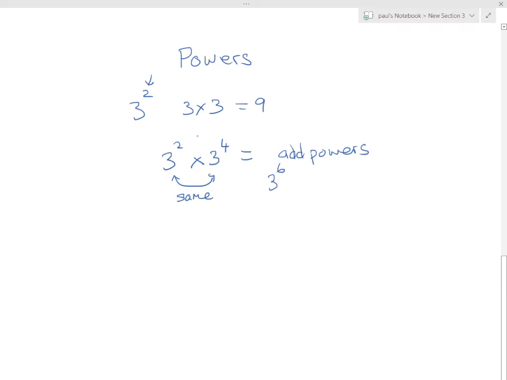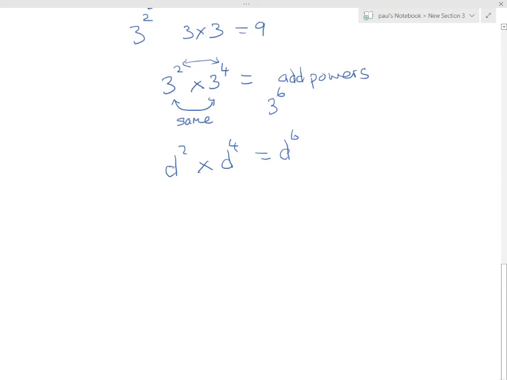We just add these little two numbers at the top together, and as long as they're the same, you're fine. It's because we use this in algebra, and you might get d squared times d to the 4. And see, both d's, so you would end up with d to the 6. It would be exactly the same thing, except you don't know the value of d. So when you multiply, you add the powers.